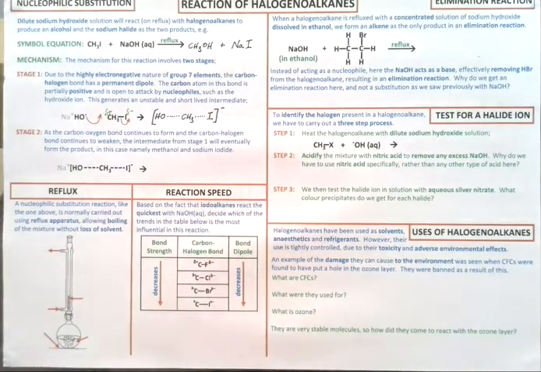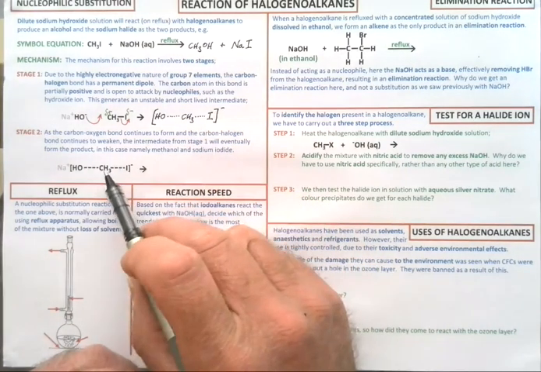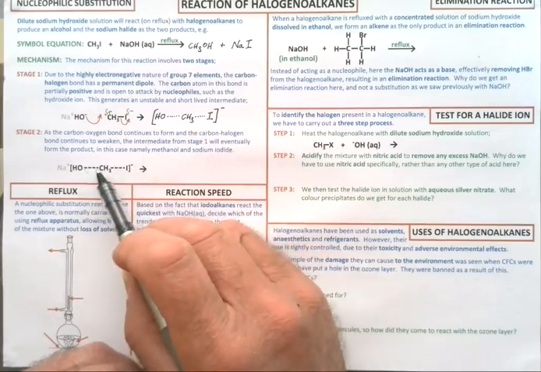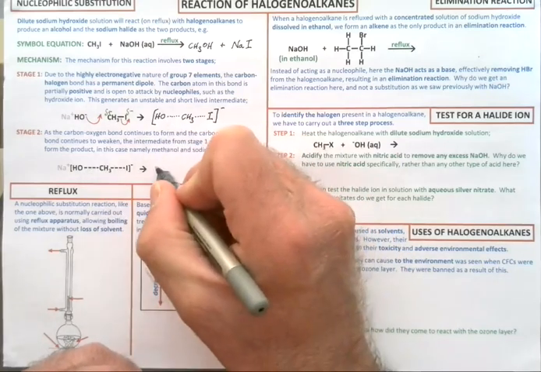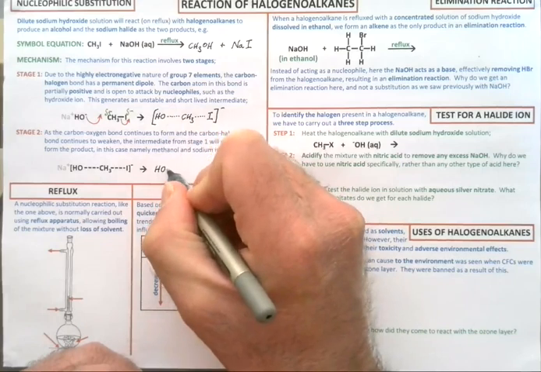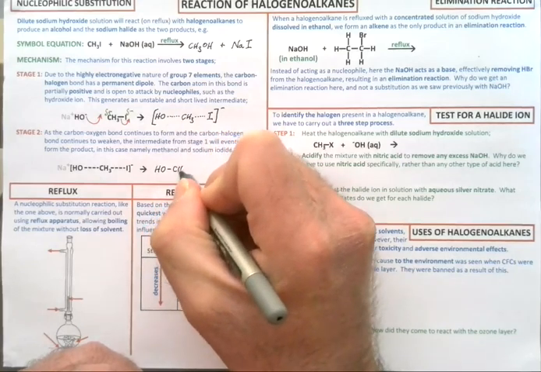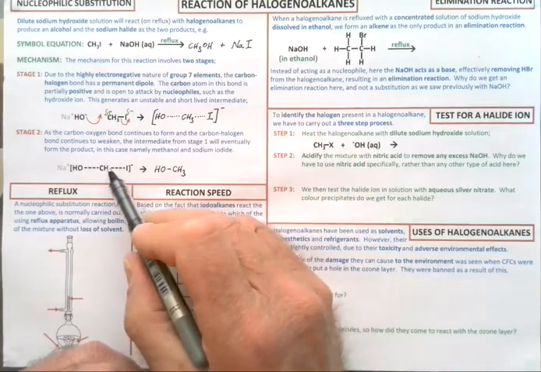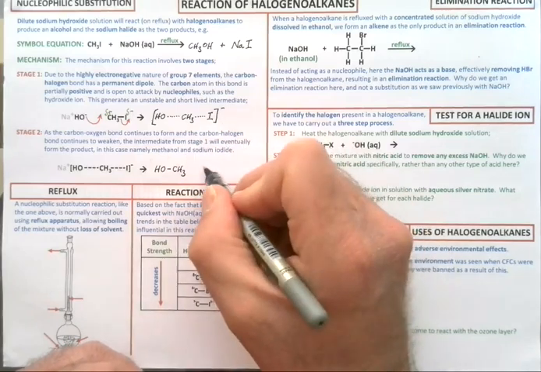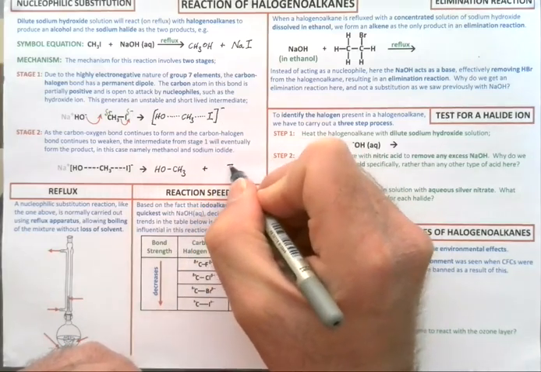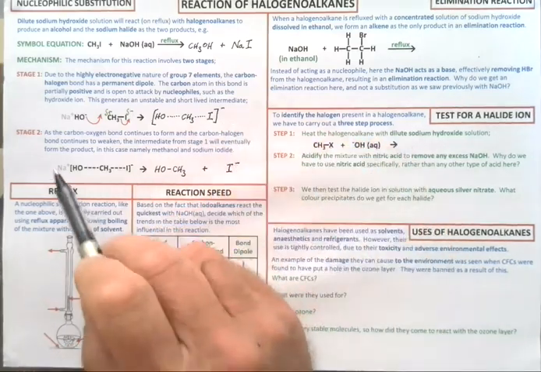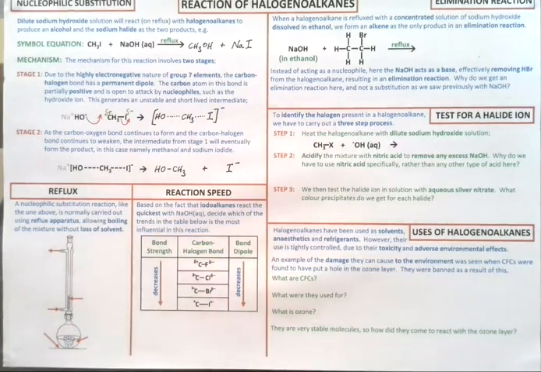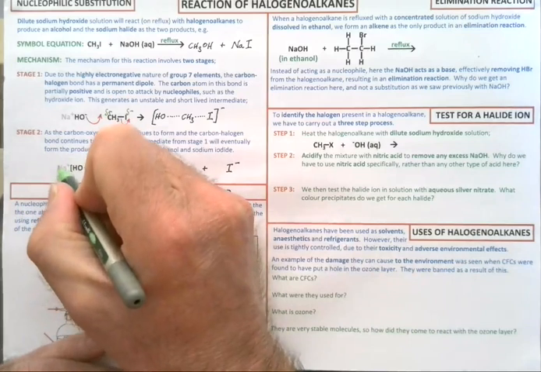And so what will hopefully happen is that this bond will form completely to give us our alcohol, whereas this carbon-iodine bond will break completely to give us our I minus. And as you can see, the Na plus from there is a spectator ion.